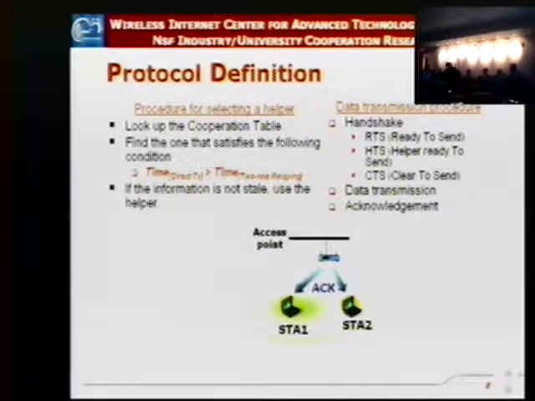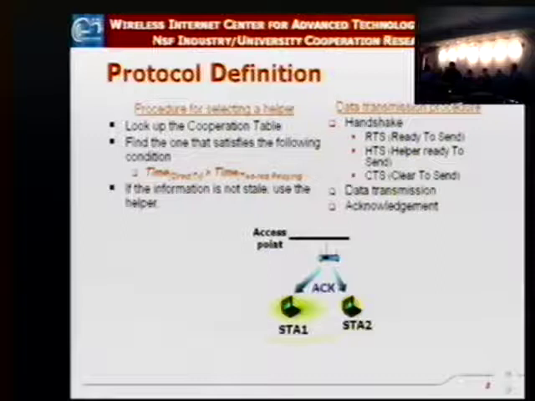That's what I wanted to ask. How come HTS and CTS do not collide? So there's some time gap. CTS will be transmitted after the reception of HTS. What if there is no HTS to send?